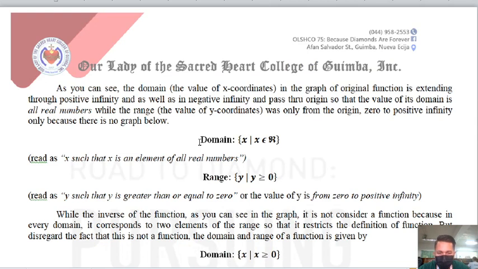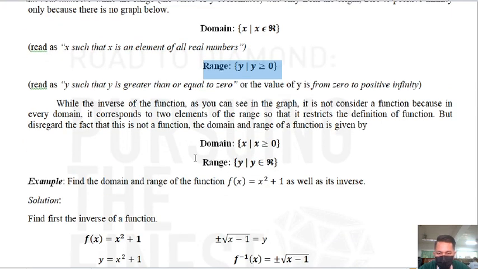So, ayan. This one is the domain and range of the original function, and the domain and range of the inverse function now is x such that x is greater than or equal to 0, and the range is all values of y, yun ang basa doon, all values of y such that y is an element of real numbers, or the set containing all real numbers.